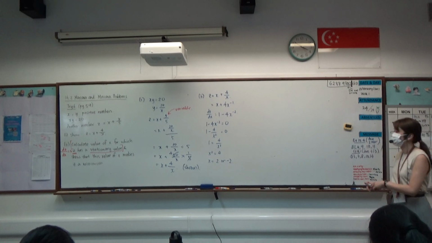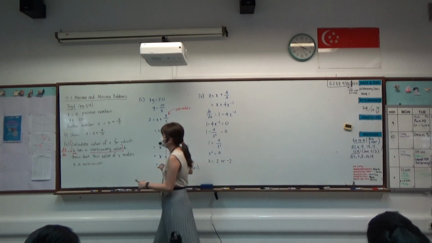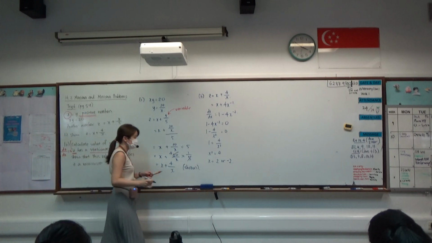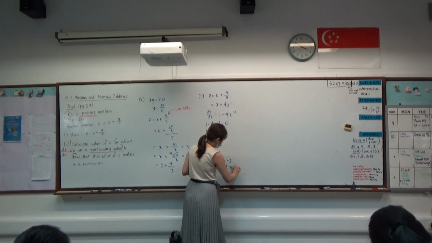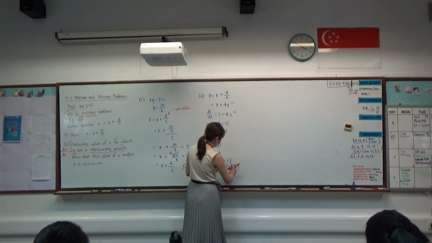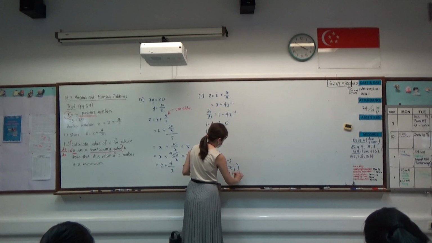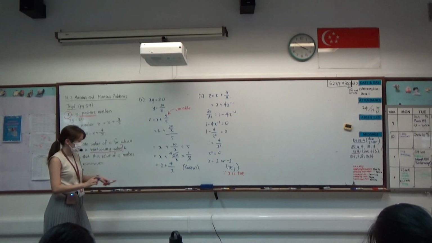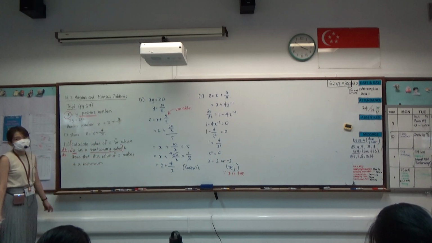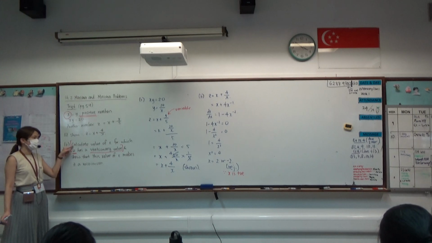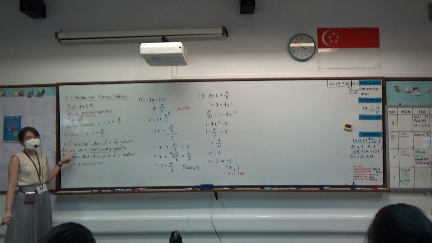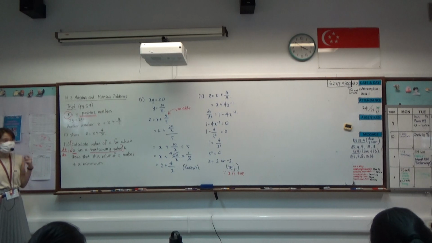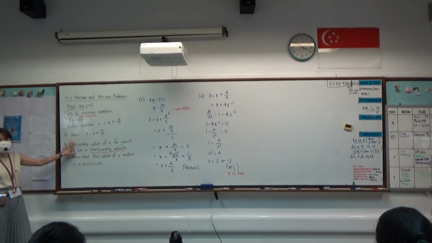But the question specified that x is a positive number, so we reject negative 2, because x is positive. So we have found the value of x that gives us z as a stationary value. Any questions in this section here?